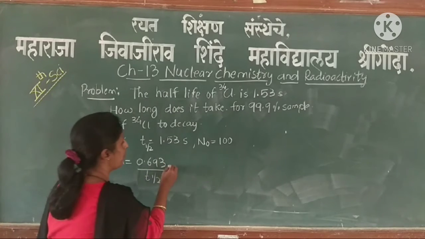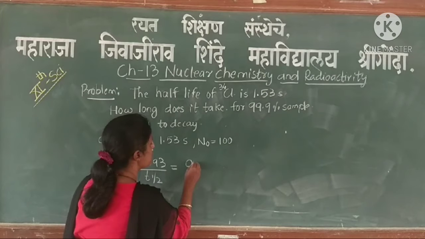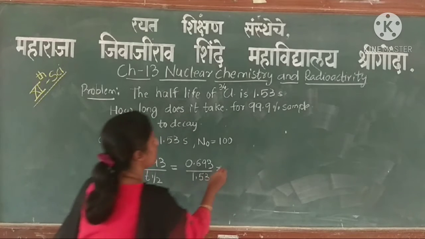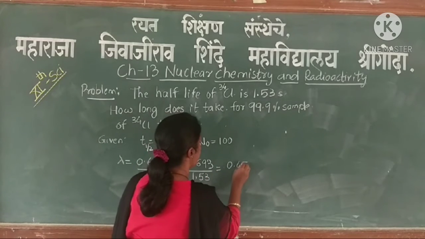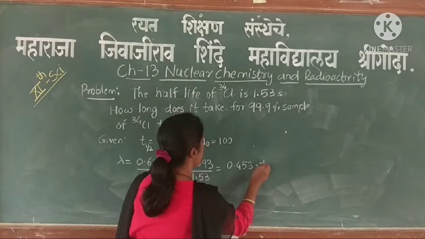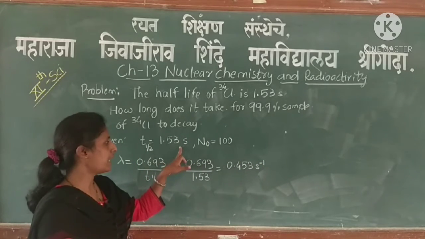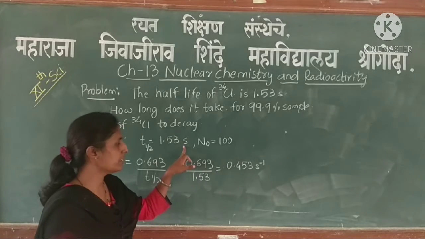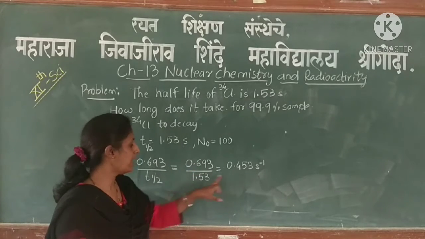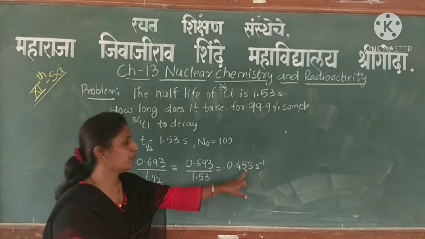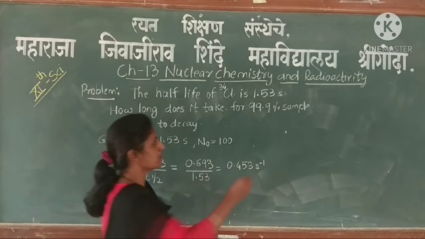Now t half is 1.53, so 0.693 divided by 1.53, here your lambda is 0.453 second inverse. Now remember, the time is given and you have to take the time in the unit which is given. Here it is given in seconds, so you will write t half in seconds, so your lambda is going to be 0.453 second inverse.